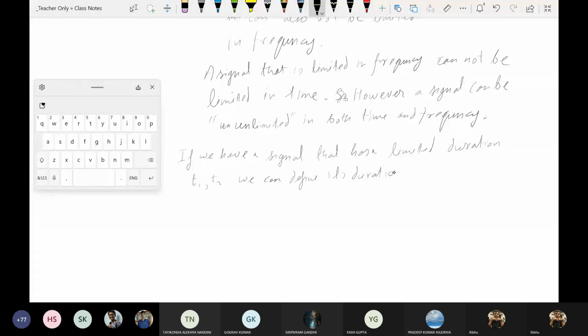So, any guesses on what could be the bandwidth of a signal?